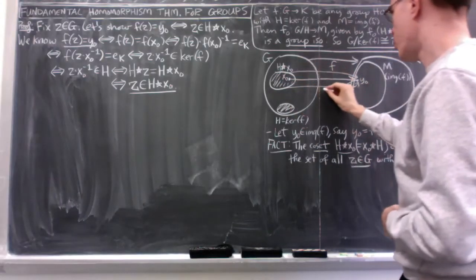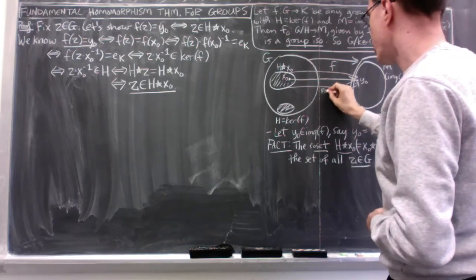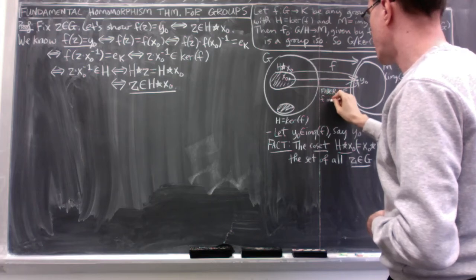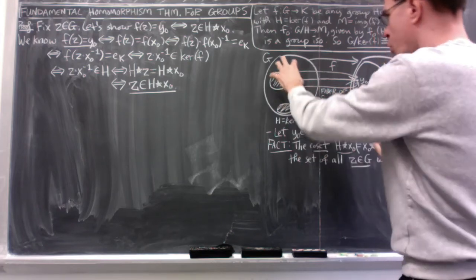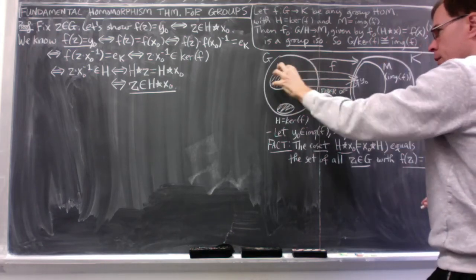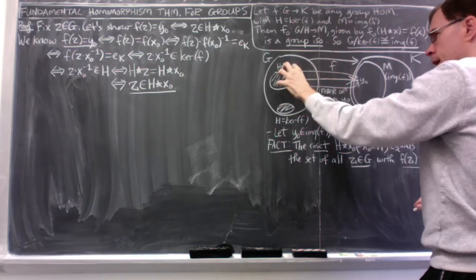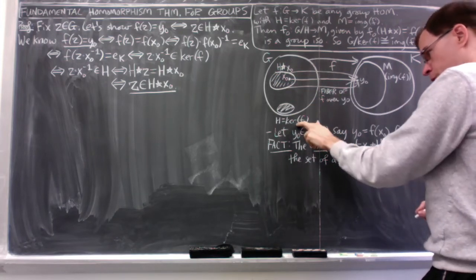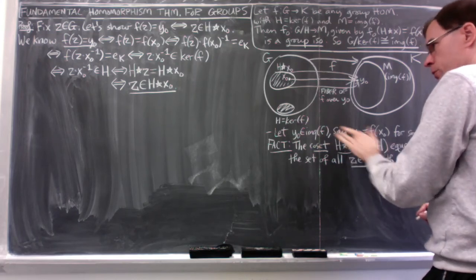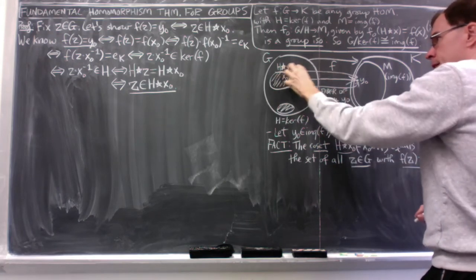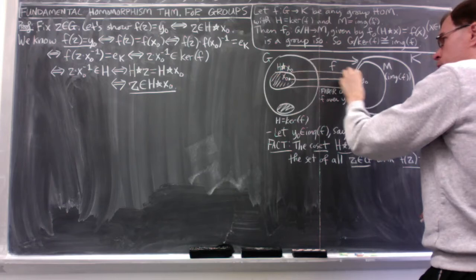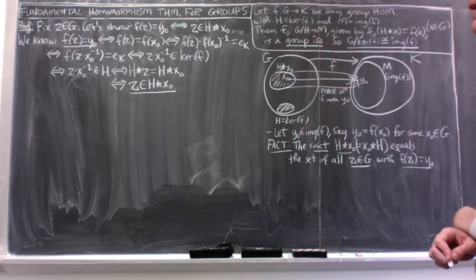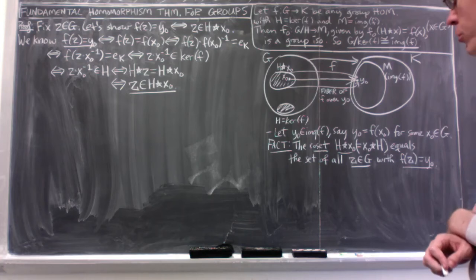So, sometimes this is called the fiber of f over y naught. The set of all inputs that map to y naught when you do the function, and what we have now proved is that this right coset of H, of the kernel, which is equal to the left coset, is the fiber. It is the set of all things in the domain that map to this one particular element of the image. And again, this is the retroactive intuition.